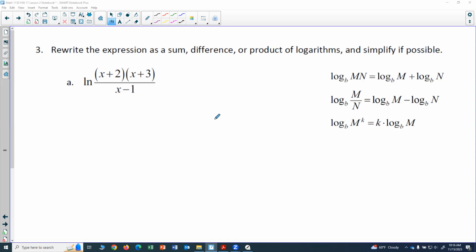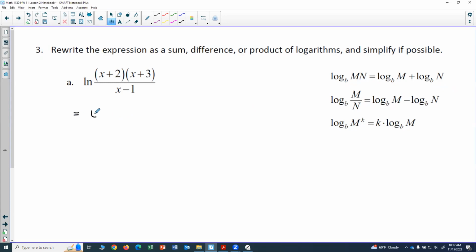So looking at our example, we have natural log of x plus 2 times x plus 3 all over x minus 1. So the first property that I'm going to use is this second one. Log base b of m over n equals log base b of m minus log base b of n. So I'm going to go ahead and use that one first.